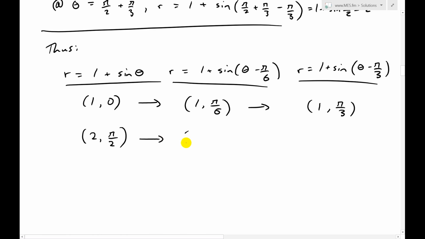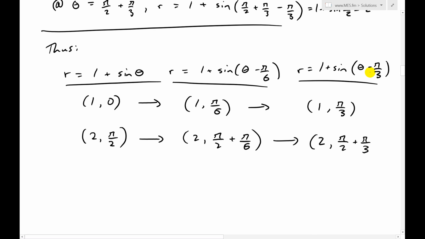So over here, this is going to be 2 and pi over 2 plus pi over 6. So you could think of it as any point, we just add that pi over 6, and then it's going to be the exact same coordinate there. Here's going to be now 2 and pi over 2 plus pi over 3.